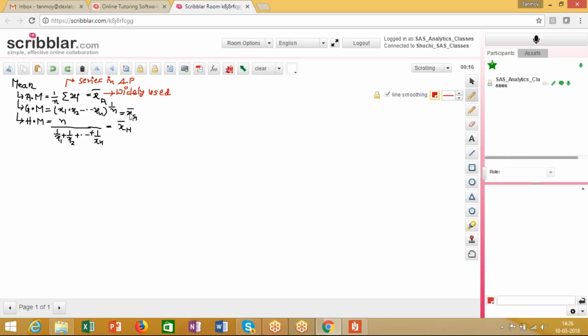Similarly, if a series is in geometric progression, then the geometric mean will be used.